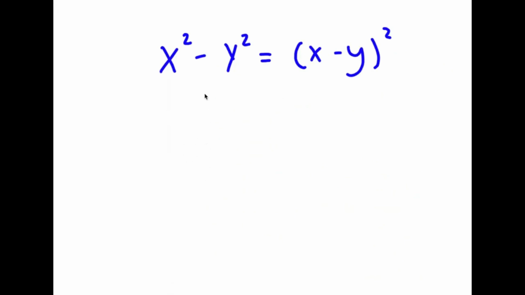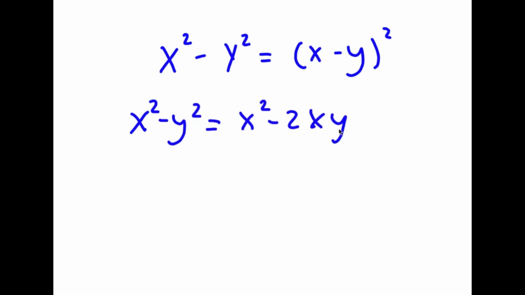Alright, so in this problem, I have x squared minus y squared is equal to (x minus y) squared. So to start, I'm going to first start by expanding (x minus y) squared. So now I have x squared minus y squared is equal to x squared minus 2xy plus y squared. So now these two x squared cancel out if I subtract x squared on both sides.